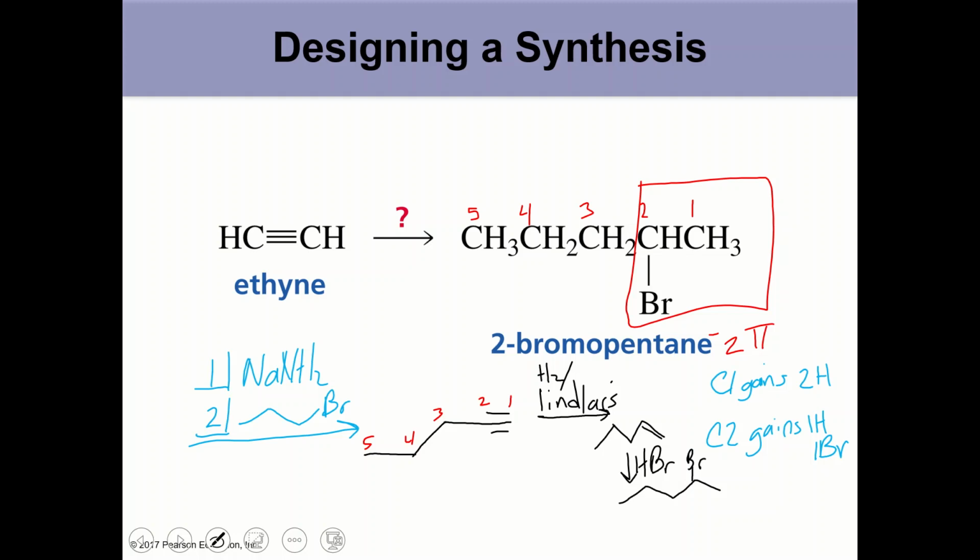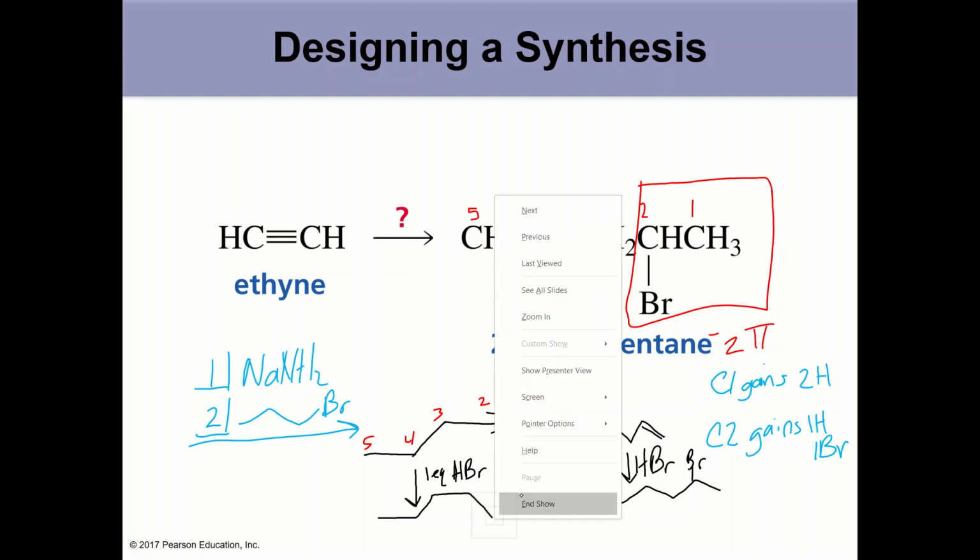Or I could take the 5-carbon alkyne, alternate route, treat with 1 equivalent of HBr so that I get the alkene that has 1, 2, 3, 4, 5.